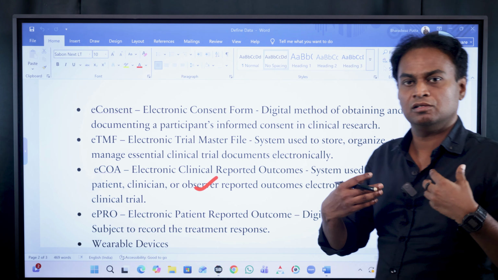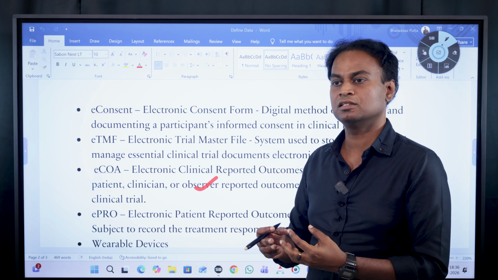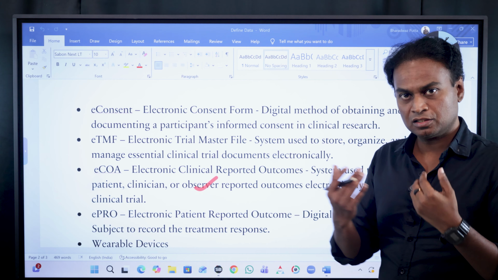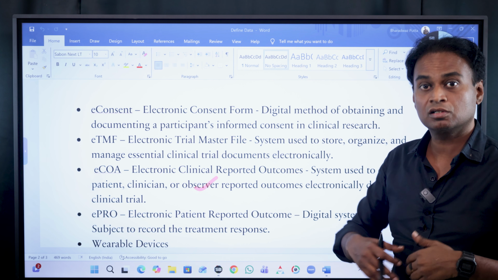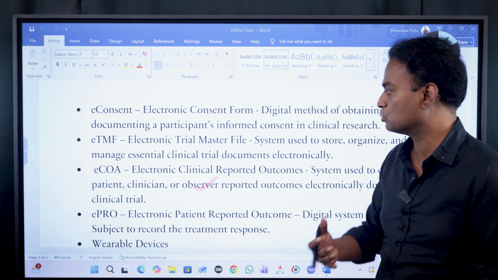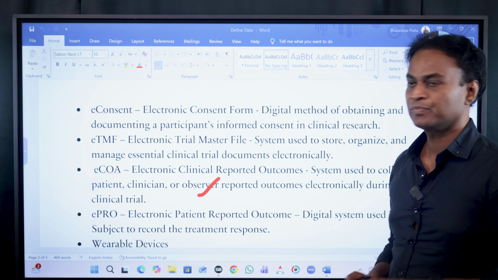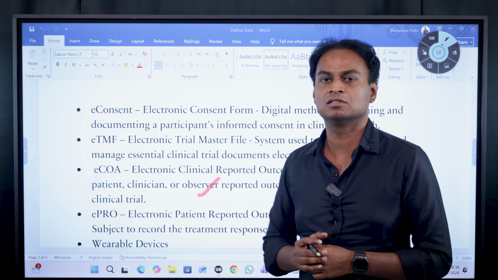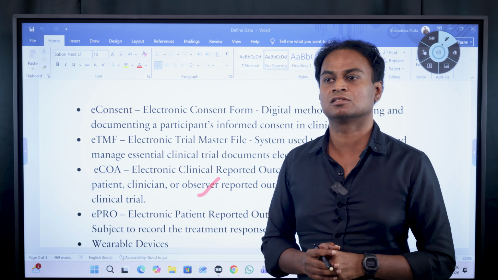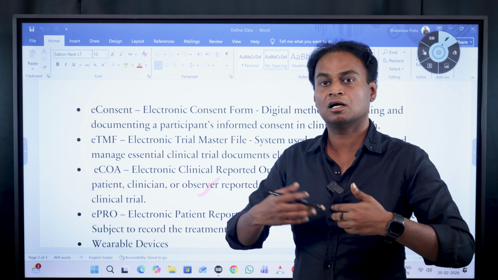If X is a patient, he can tell about his condition by himself, or when the patient comes to the clinic, a doctor can assess the patient and give the details. Those details are captured. That can be by a clinician or observer. Normally this happens in unconscious patients or psychiatric patients who cannot tell about themselves.